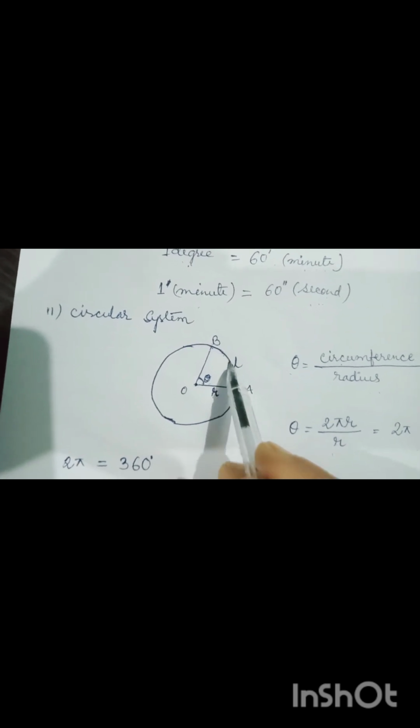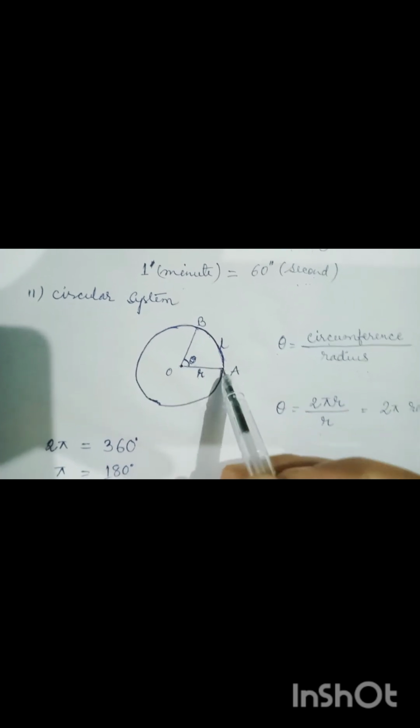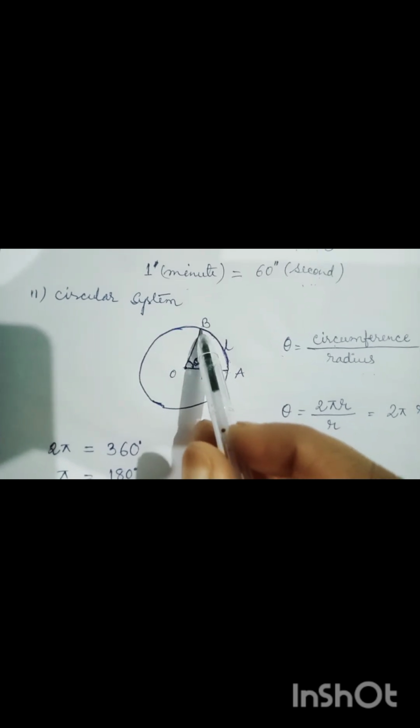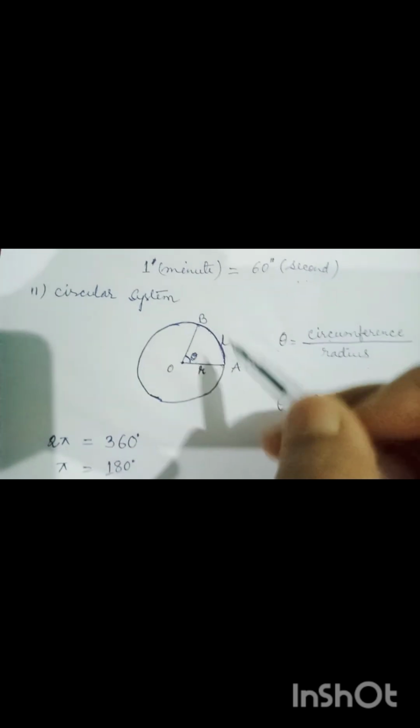When B moves from point A to another point on the circumference of the circle, then this arc length subtends an angle theta, and the value of theta increases with respect to the length of the arc AB.